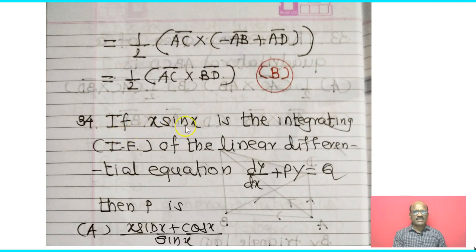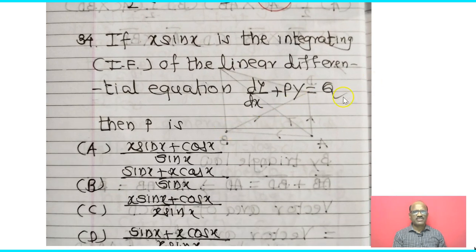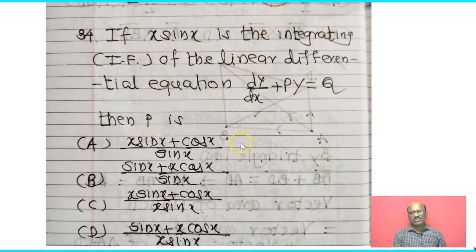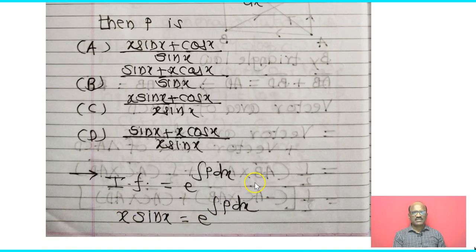Now next, if x sin x is the integrating factor of the linear differential equation dy/dx plus py equals 0, what is the value of this p? The integrating factor equals e raised to integral p dx. But it is x sin x equals e raised to integral p dx.